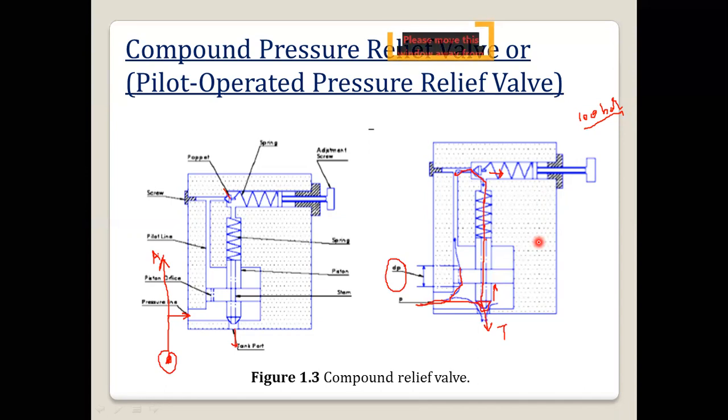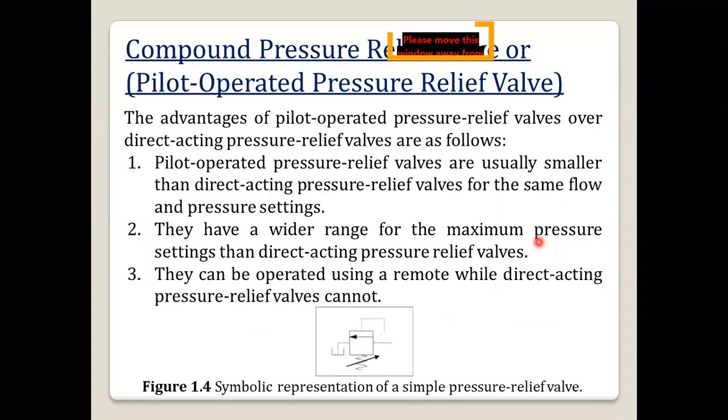Compound operated pressure relief valves are smaller than direct operated pressure relief valves. The advantage of the pilot operated pressure relief valve over the direct operated one is that, as I said, for the same flow and the same pressure settings, pilot operated valves are usually smaller than direct acting valves. They also have a wider range for the maximum pressure settings, so the maximum pressure setting level is higher than the direct.